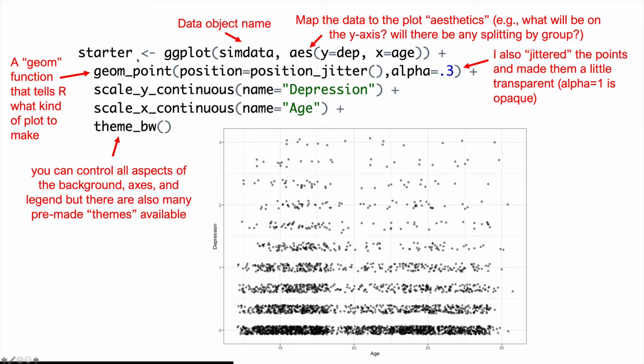I've called it starter. So I'm going to invoke the ggplot package, and I need to tell it what data I'm working with. And in general, we will give ggplot some information about what it refers to as the plot aesthetics. So what variable is going to be on the y-axis, what variable is going to be on the x-axis, in this case depression and age.